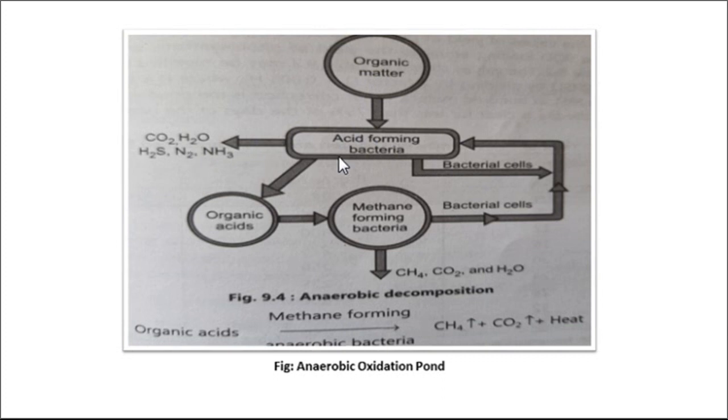Then these organic acids are converted to other byproducts by the methane producing bacteria, and in this process methane, CO2 and water are produced. Excess bacterial cells are recirculated like this. So this is the flow sheet for the anaerobic decomposition of wastewater. Next slide.